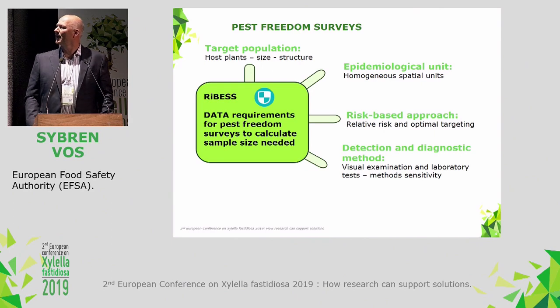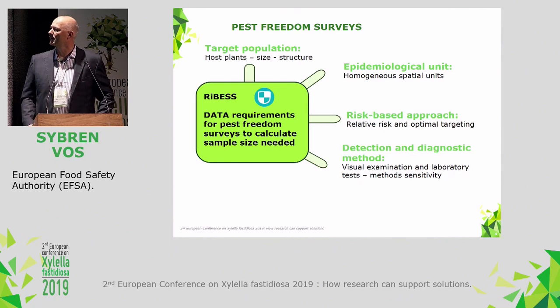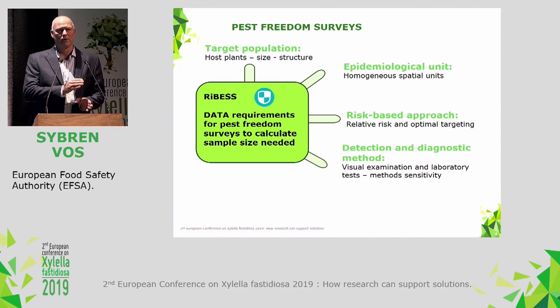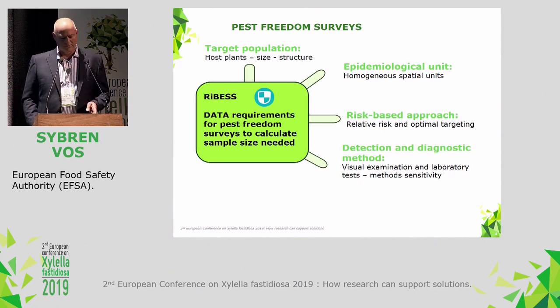Another very important element is the detection and the diagnostic methods. Here we have to understand well, for each one of the survey cards and for each one of the pests that we are addressing, what the different components of these detection and diagnostic methods are, all the way from the field, from the natural environment where the target population is, to the laboratory. So we are dealing with everything from the sampling procedures all the way to the testing in the laboratory.